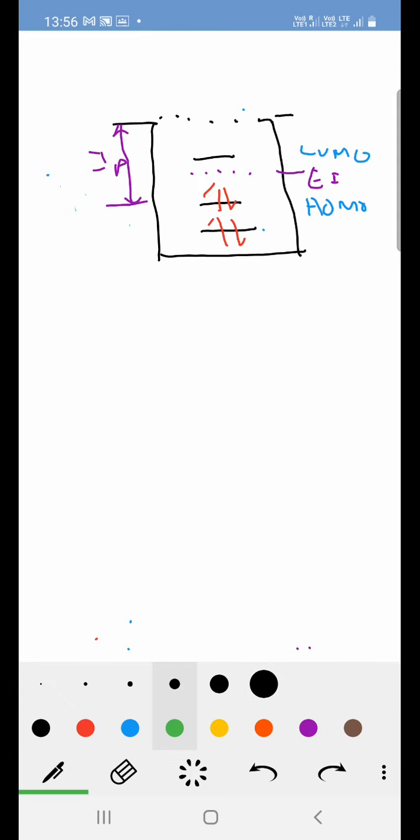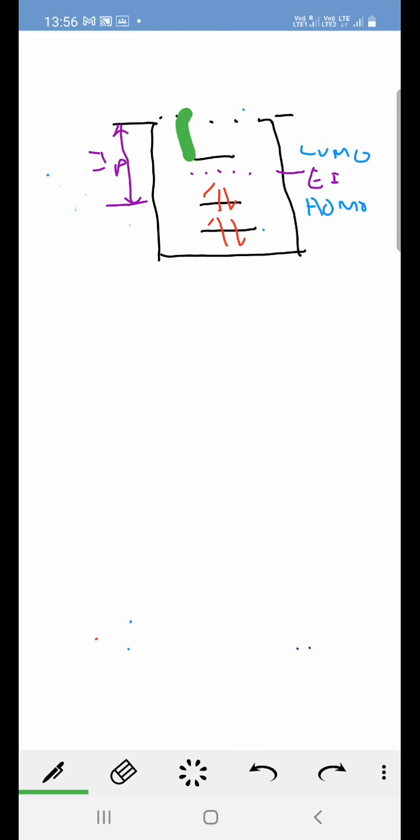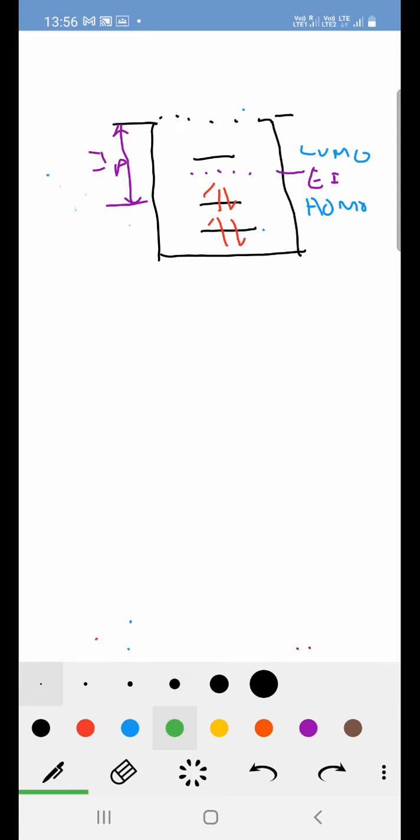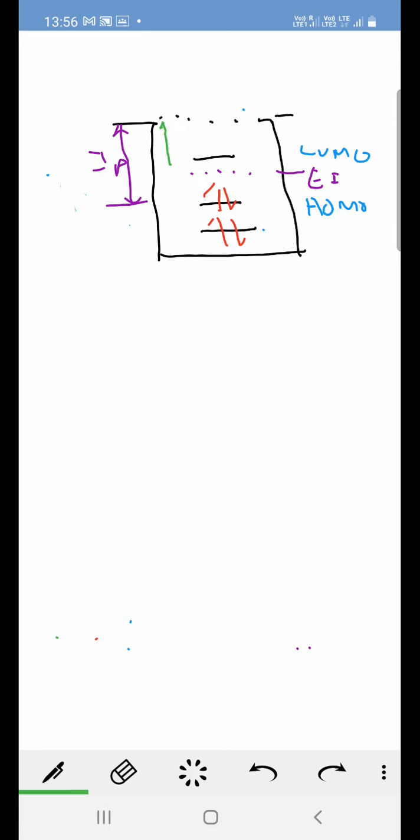And from the LUMO to this energy is your electron affinity. So this figure is actually a square well approximation of a molecule.